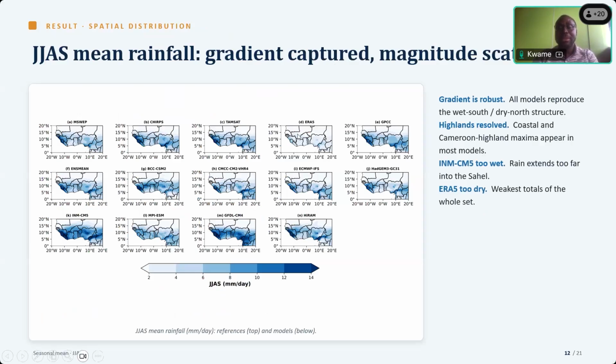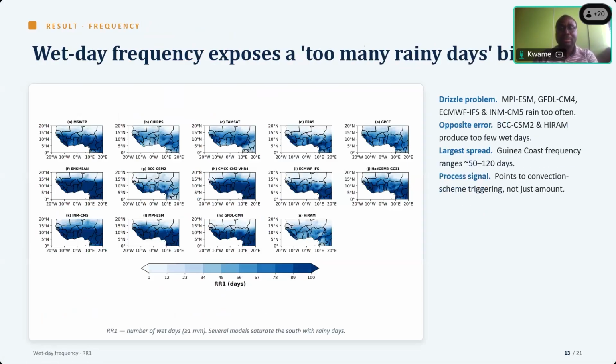Even though it's capturing the gradient all right, it's still showing low precipitation over the southern part. Then we look at the wet day frequency, how models are able to capture days that are wet. And generally, you realize that GPCC gives too many rain days. However, GPCC happens to be the actual station gridded data over here.